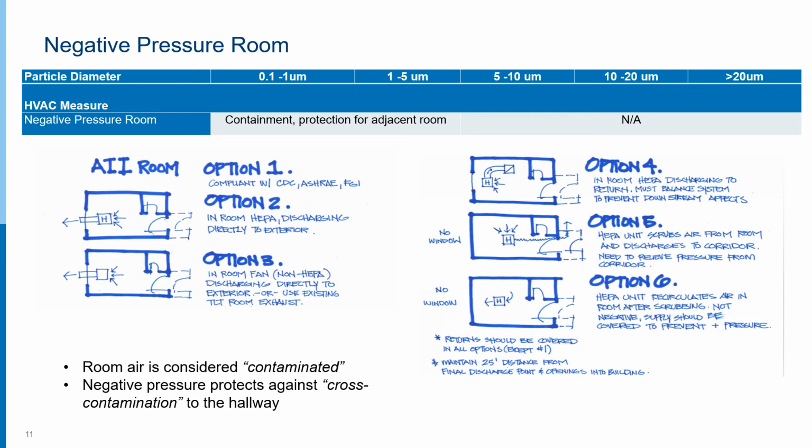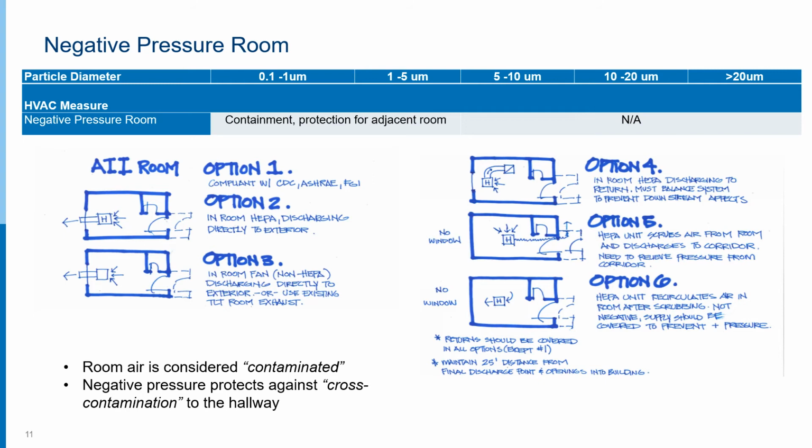Now, many negative pressure rooms also have quite a bit of air movement. The systems diagrammed here, in addition to being negative pressure, are also moving a good bit of air. So there's often a dilution effect that happens in addition to the negative pressure itself. But the negative pressure itself is only a cross-contamination strategy. And there seems to be some misunderstanding about that, or even some misinformation about that.